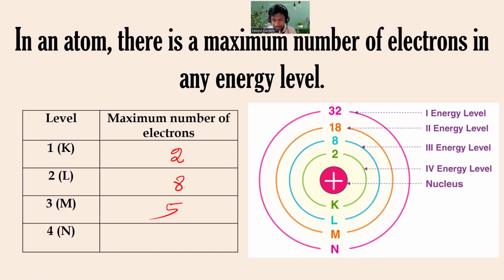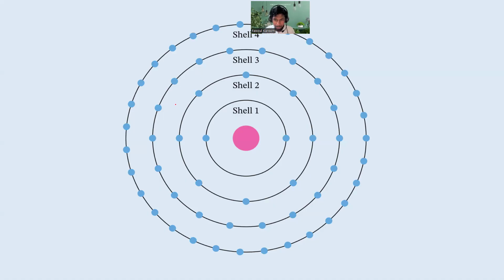The Bohr model. Okay, here you can see another image. In the shell number 1, we can say shell, but the most suitable term is energy level. In the first energy level, we have space for 2 electrons. In the second energy level, we have 8.